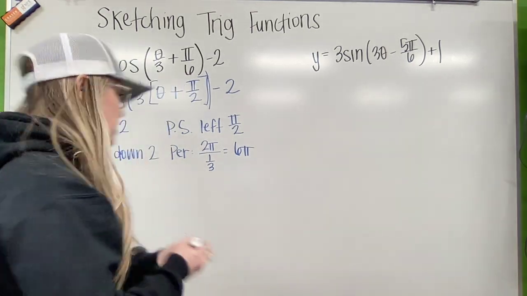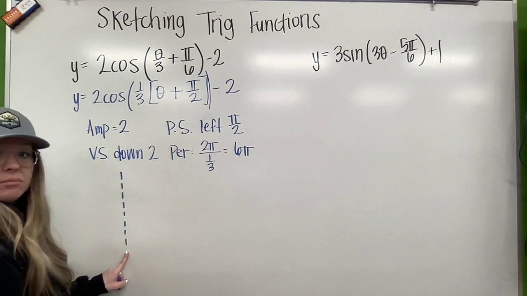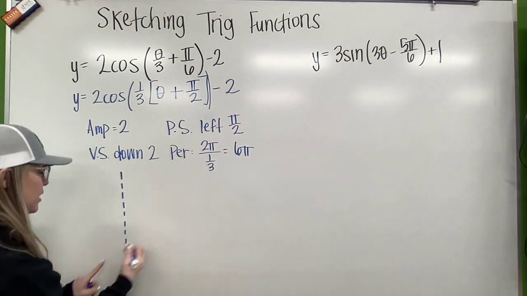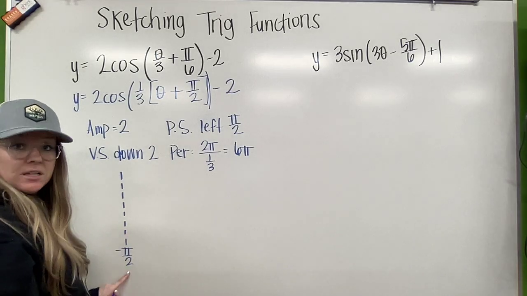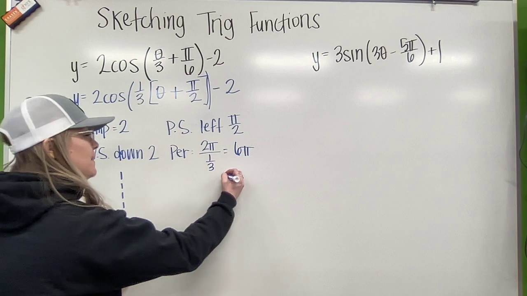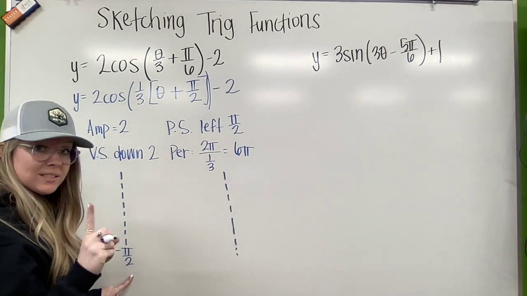Watch what happens. So it's going to have to start at some line. And it's going to start at negative pi over 2 because I shifted left, pi over 2. Then it's going to have to end somewhere. So what I'm doing here is I'm just graphing one cycle.